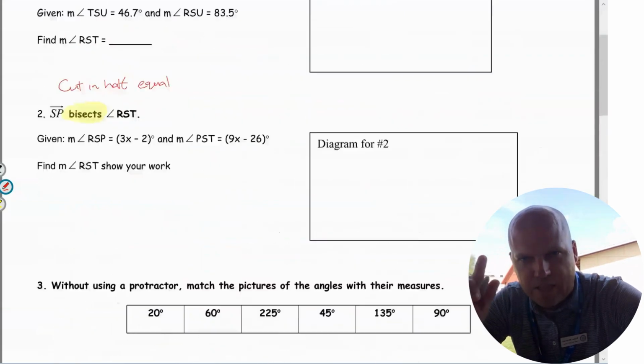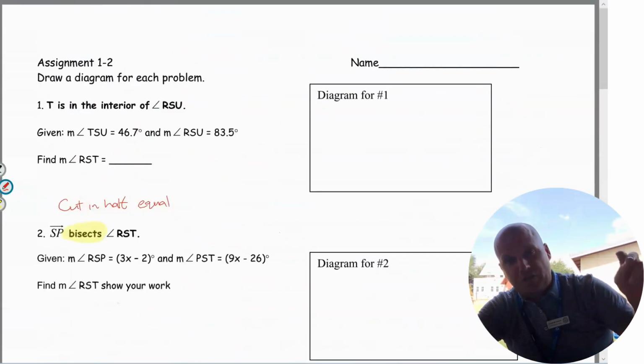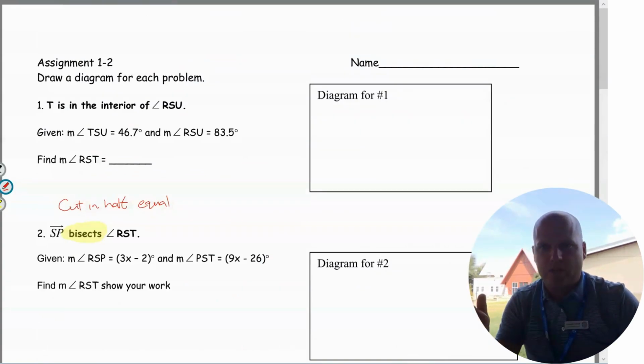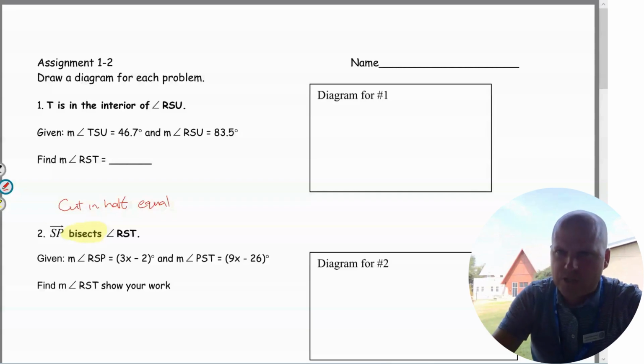If I saw anything that we struggled in from the day one warm up, it was setting up and solving equations. Hopefully you did the day one homework. You're very good at solving equations, but the setup part was not your strongest.